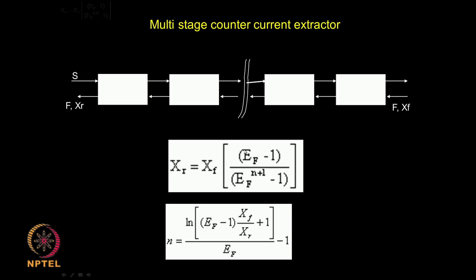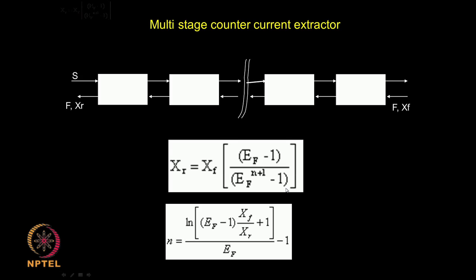Now, E is again calculated using the Sk by F formula. S is your solvent coming from this side to this side, and feed is coming from this side to this side. So solvent keeps picking up material. So XR is equal to XF times E minus 1 divided by E to the n plus 1 minus 1.